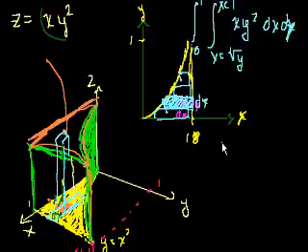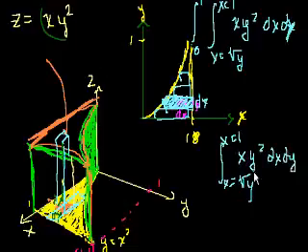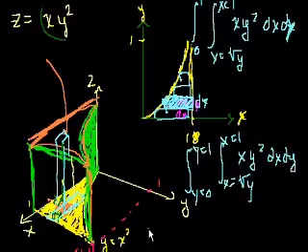So the double integral is going to be from x is equal to the square root of y to x is equal to 1, x y squared dx dy. And then the y bounds, y goes from 0 to 1. I've just realized I've run out of time. In the next video, we'll evaluate this, and then we'll do it in the other order.